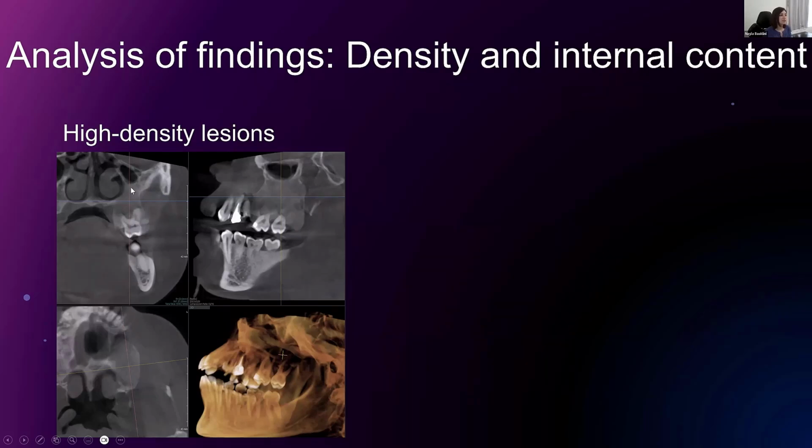I just have to mention here that fibrous dysplasias do not always have this internal content, because they go through phases. In the early phases, you can see a low density component within the lesion, and that's because they're more active. And as they tend to mature, they tend to have a homogeneous granular density.